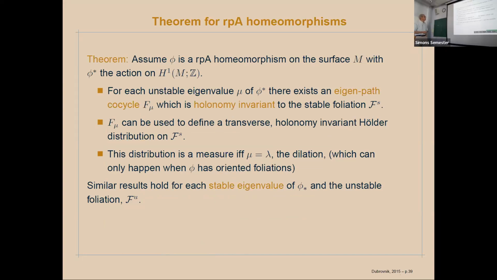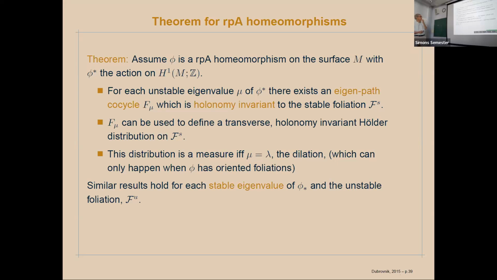Let me state this as a theorem then. We start with a relative pseudo-Anosov on a surface with action on H1. Each unstable eigenvalue, mu bigger than 1 in absolute value, gives rise to an eigenpath cocycle, which is holonomy invariant to the stable foliation.